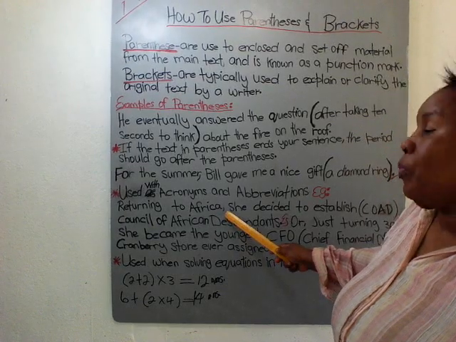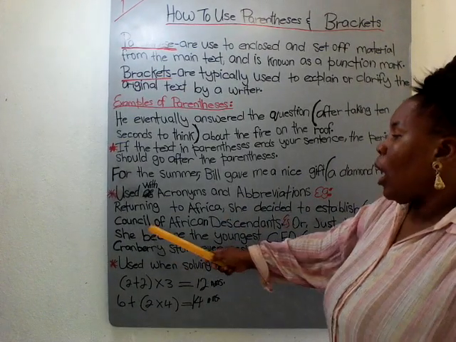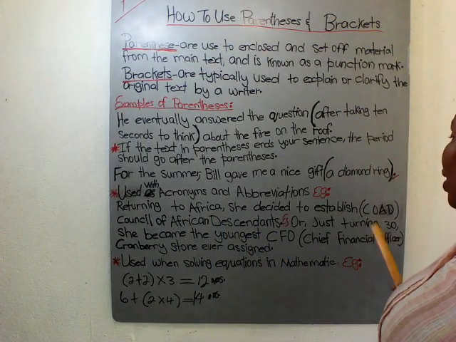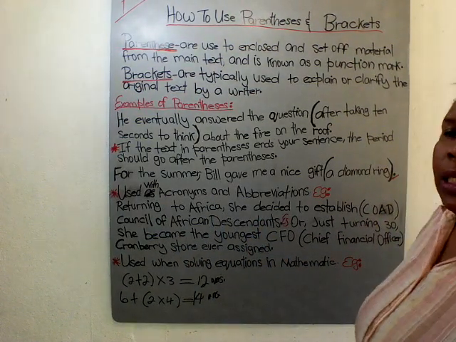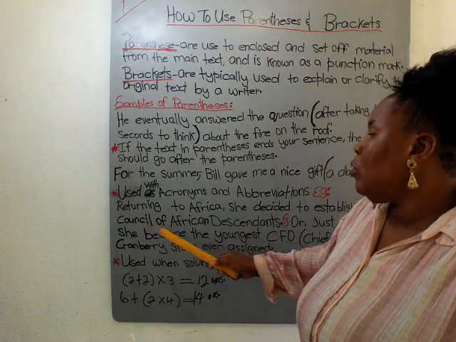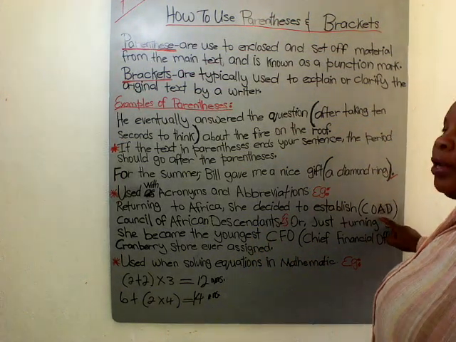Returning to Africa, she decided to establish COAD (Council of African Descendants). Right? So COAD, not COD, but COAD, which stands for Council of African Descendants. And you see it gives you a word here.